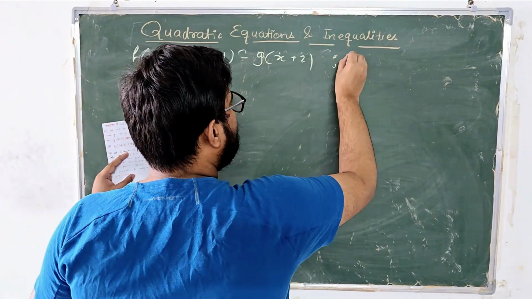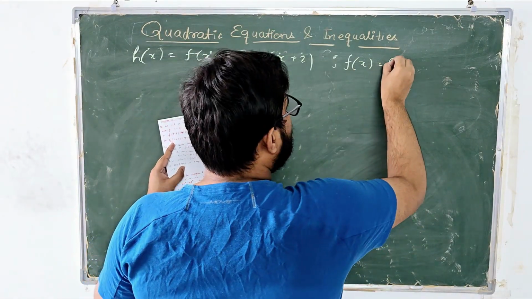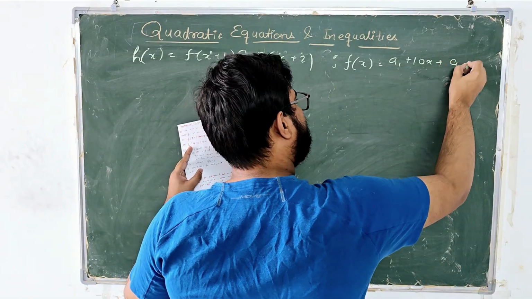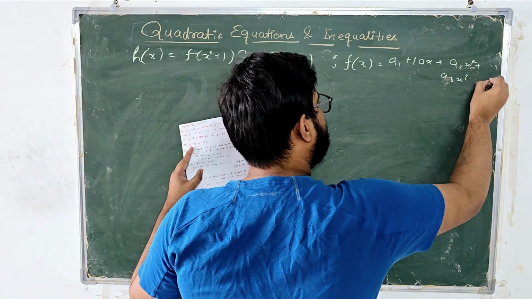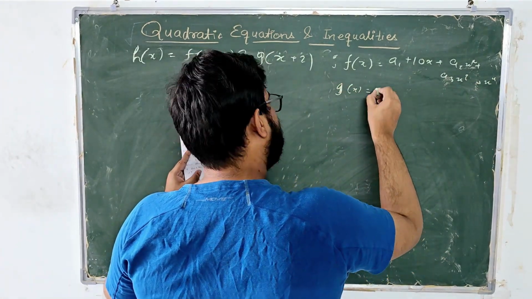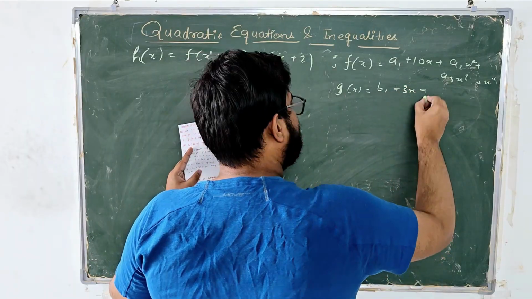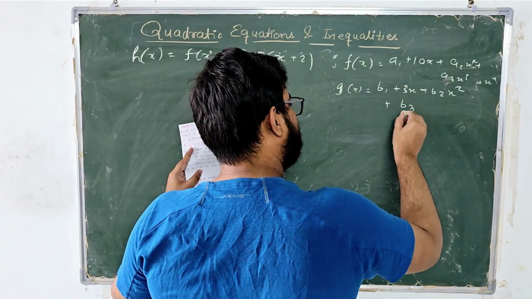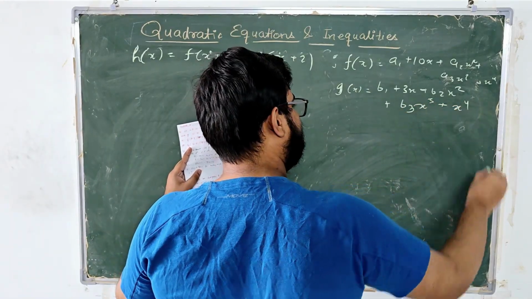Where f(x) is a1 plus 10x plus a2 x square plus a3 x cube plus x to the power 4, and g(x) is b1 plus 3x plus b2 x square plus b3 x cube, right?